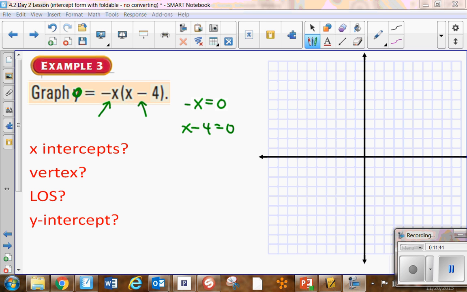What's going to cause this top one to be 0? If x is 0. Or if you want to multiply both sides by -1, don't do that. So x equals 0. So y is 0. 0 is one of my x-intercepts. And the other one, of course, is 4.